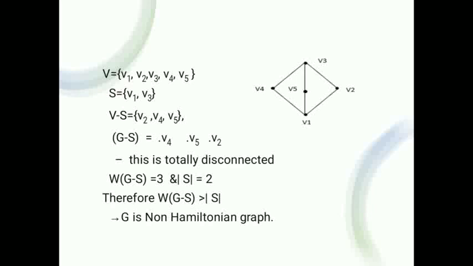Then if I remove the vertices V1 and V3 from the graph G, the resultant graph is disconnected. We get G minus S equal to V4, V5, V2. So these are 3 components, a totally disconnected graph. Therefore, omega of G minus S is 3 and modulus of S is 2, which satisfies the condition of the result that omega of G minus S is strictly greater than modulus of S, which implies G is non-Hamiltonian.